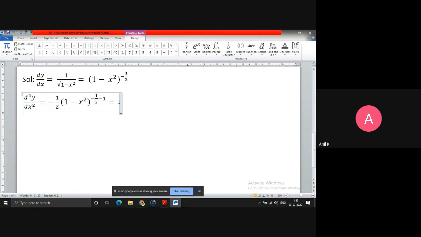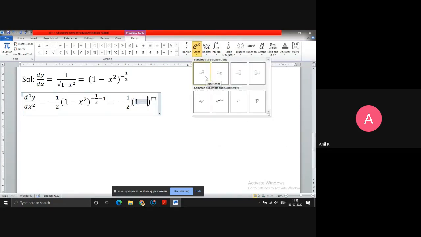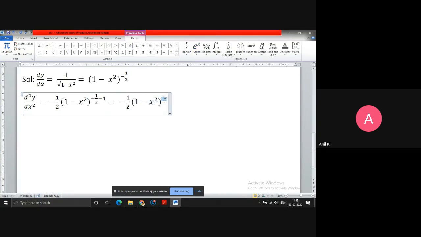Now if I simplify this one, what do you get? Minus 1 by 2 into 1 minus x square. In the numerator, you will get minus 1 by 2 minus 1, which is going to be minus 3 by 2.